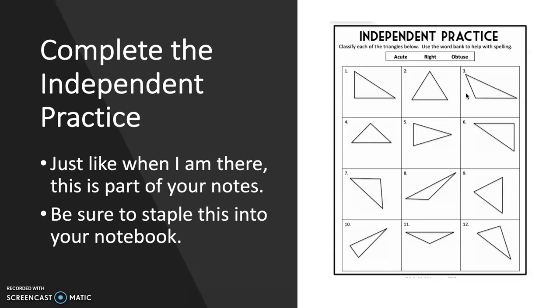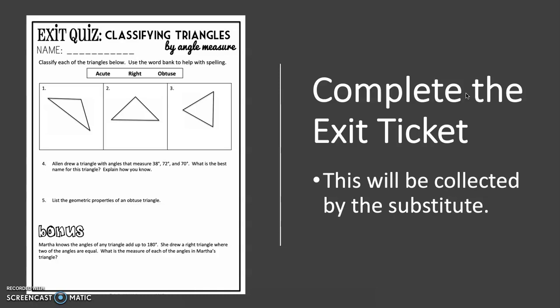But whenever you're finished, you can show the sub and they will give you the exit ticket. The exit ticket will be collected. For the exit ticket, label the 3 triangles and answer questions 4 and 5. Of course, the bonus is extra to see if you clearly understand today's topic.